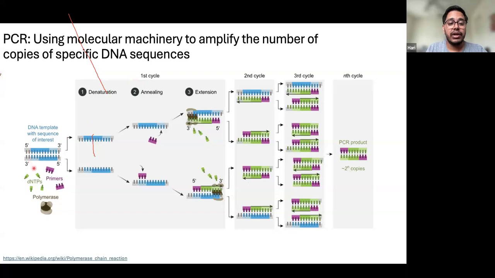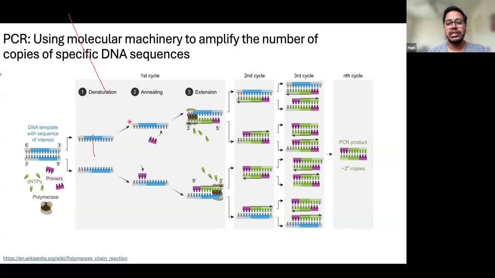So how do we do that? Let's say we have a DNA template, and this is the sequence of our interest, and we will have primers that can selectively bind to that particular sequence. PCR is carried out in three major steps, in cycles. The first step is denaturation, which happens at around 95 to 98 degrees Celsius, where both the DNA strands are completely separated.